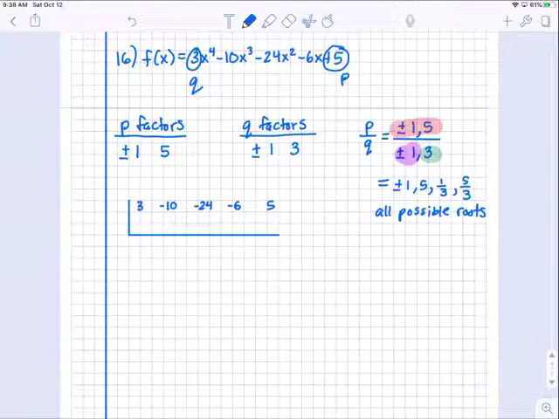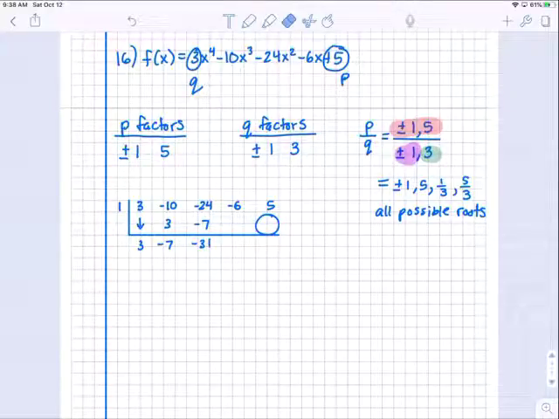From our possible roots. Let's just guess one. Multiply, add, then multiply, add. So 1 times 3 is 3. Add together, negative 7. Multiply 1 and negative 7 for negative 7. Negative 31. And I'm going to stop because I am noticing that there's no possible way that we're going to get a negative 5 right there.